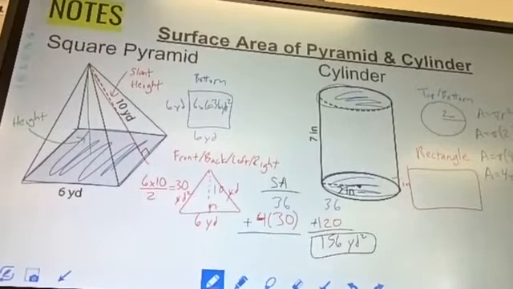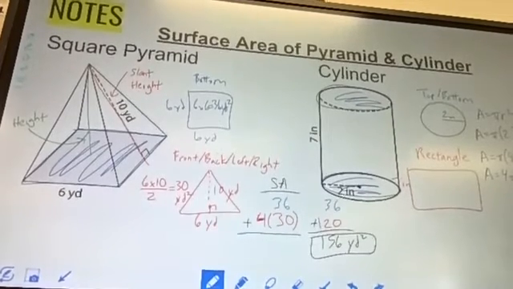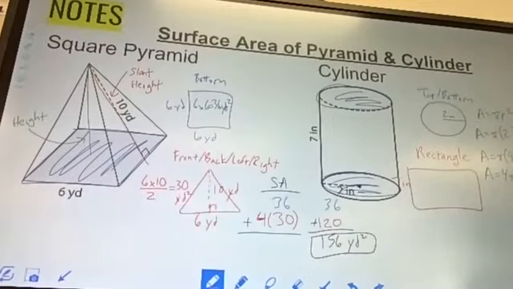Wouldn't the base be the circumference of the circle? There we go. The base is the circumference of the circle. If you wrap this rectangle around the cylinder, the can, you have the circumference, the distance around the circle, okay?